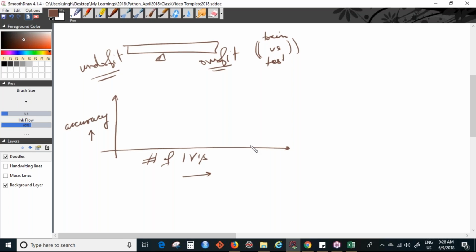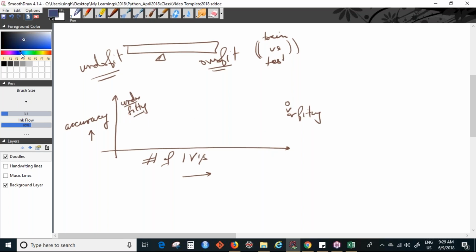If you use too many independent variables, as we saw right now with the day of the week, it resulted in overfitting. So this side you have overfitting when you use too many independent variables, and this side you have underfitting when you use too few independent variables. So either side you should avoid. You should be somewhere in the middle.